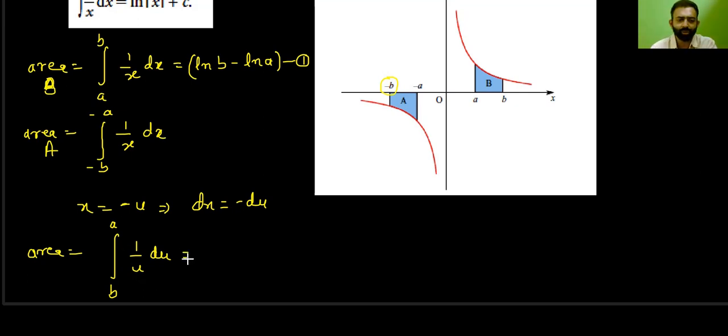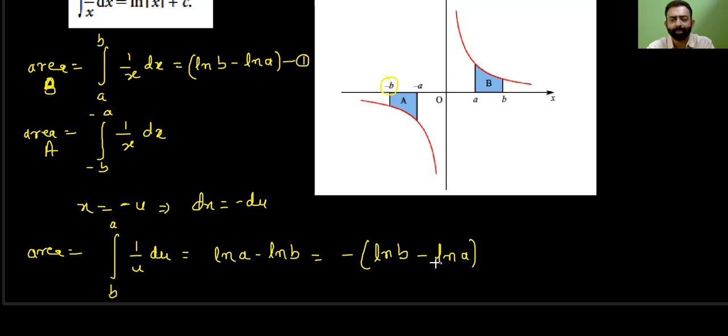Now you can easily integrate this. This will be log of a minus log of b. Upper limit is a, lower limit is b, and taking the minus sign outside, you can write this as minus ln b minus ln a, which is the negative of area b.